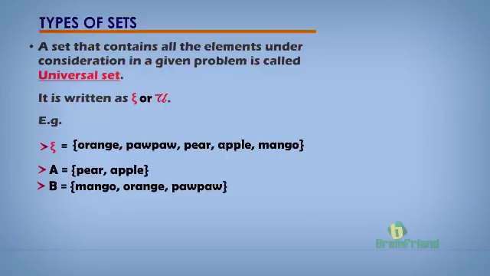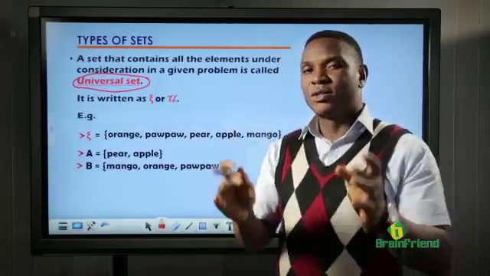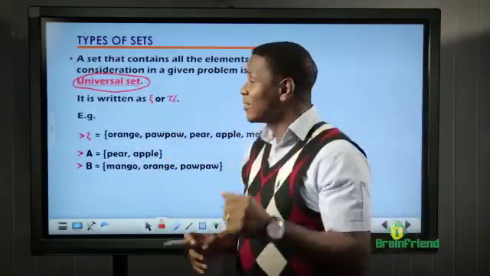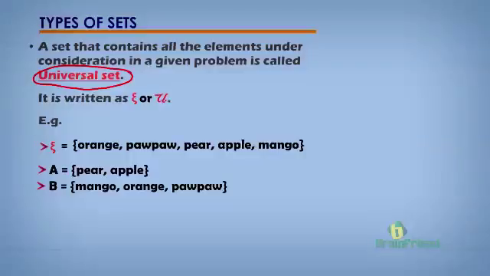First, we'll be looking at the universal set. The word universe means something that contains a lot of other things. That is exactly what the universal set is. It's a set that contains all of the elements under consideration in a given problem. It has a symbol which is pronounced as xi.